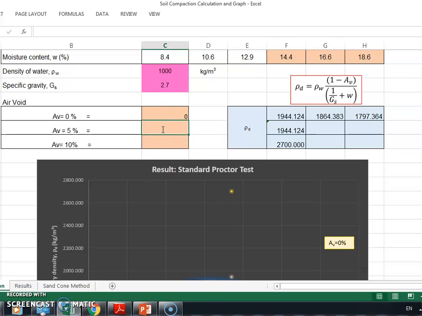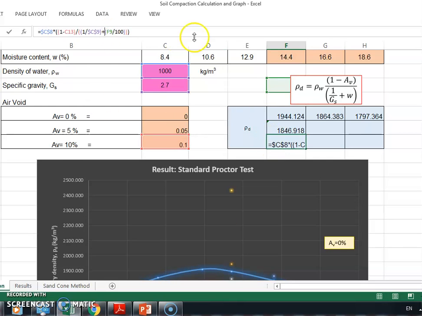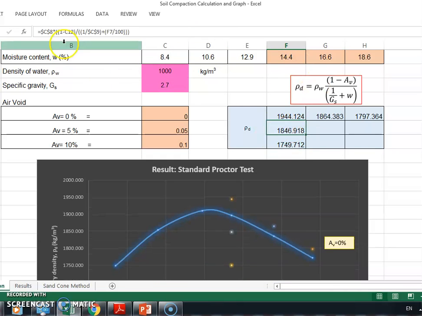I need to fill this up first. We have to change the percentage into decimal. Let's check because I tried it just now. Okay, I think this is correct.